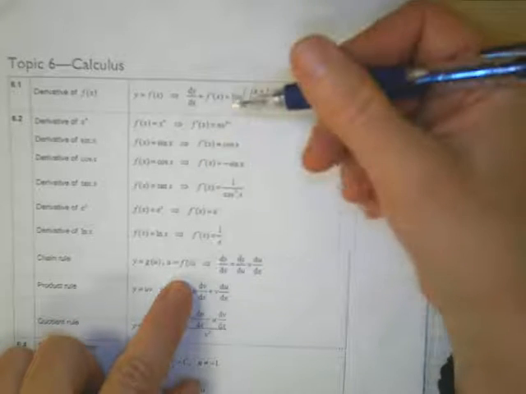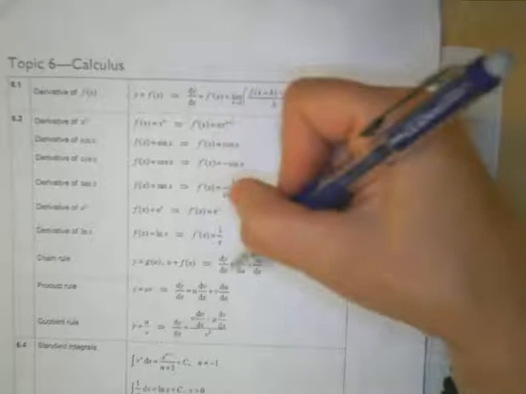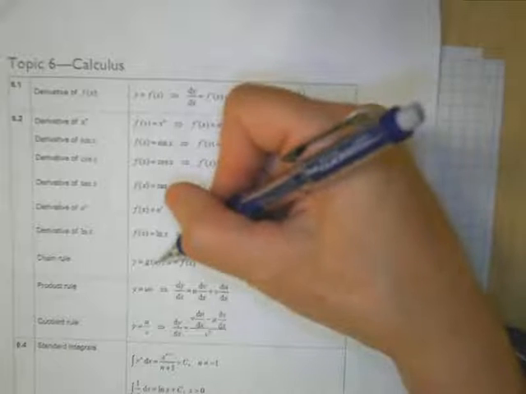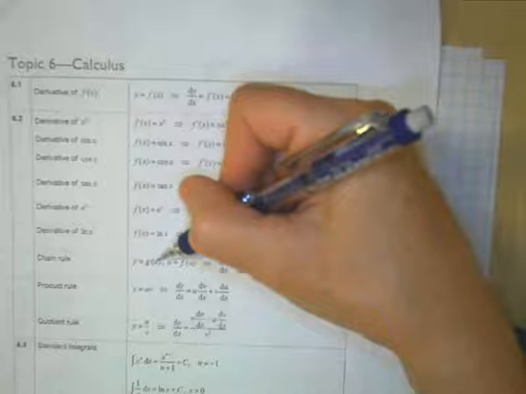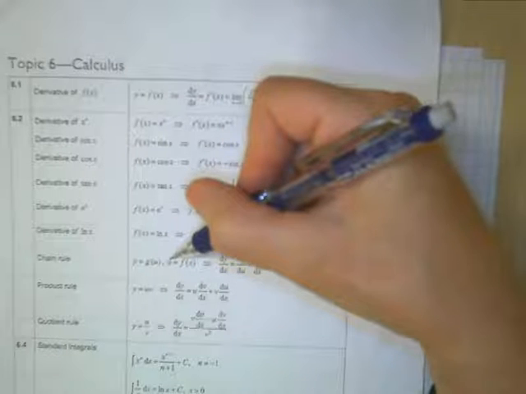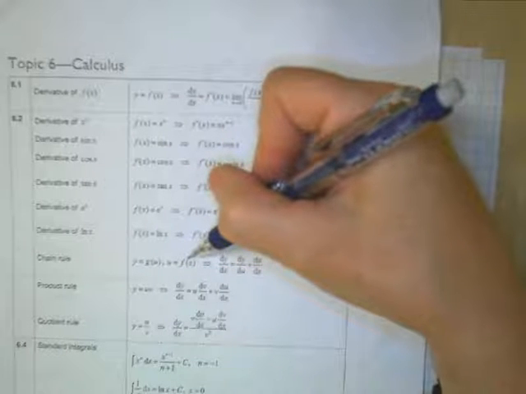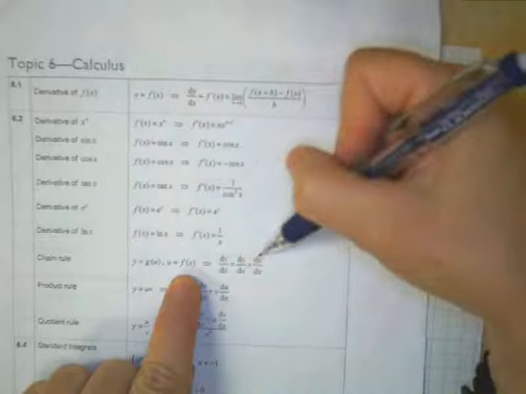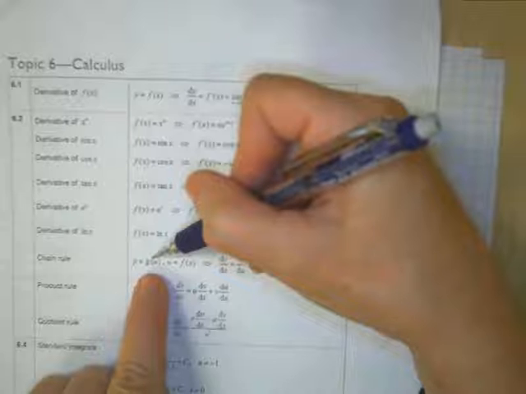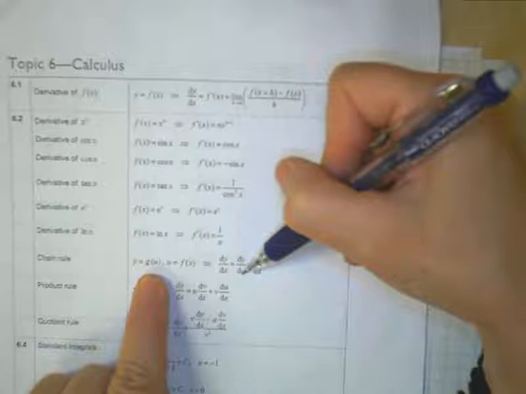The way they have this written is a little bit confusing, but basically it's showing the u substitution. So if you have a function and you can substitute in u, and u is equal to some other function, if you take the derivative of u, that would be the du dx, and multiply it by the derivative of g, that would be this dy du, you can then multiply them together.